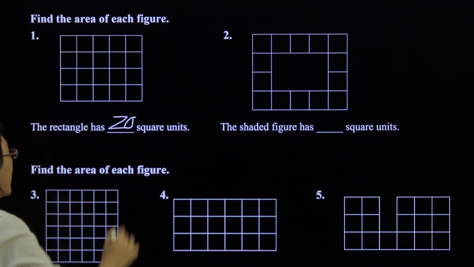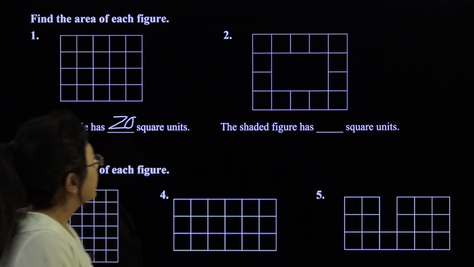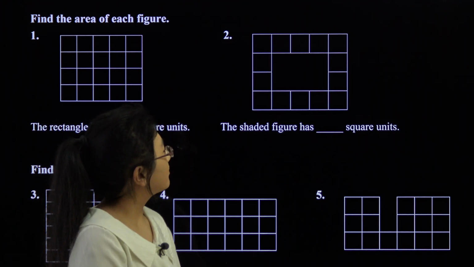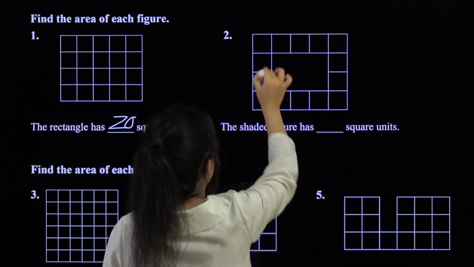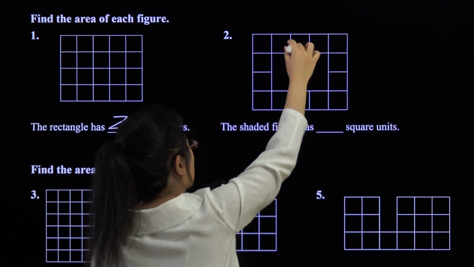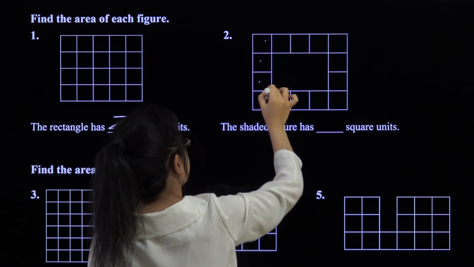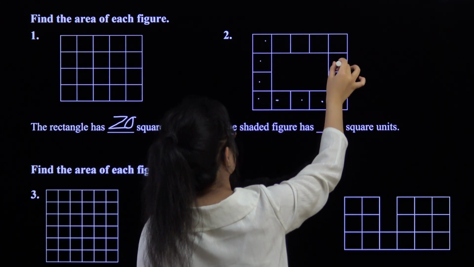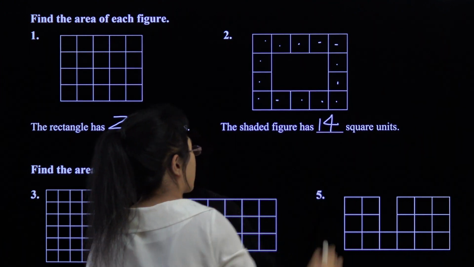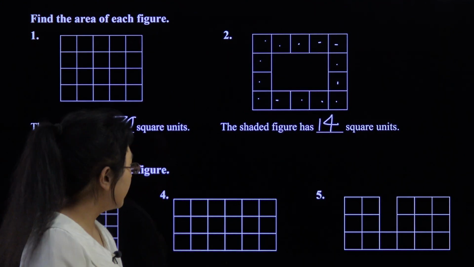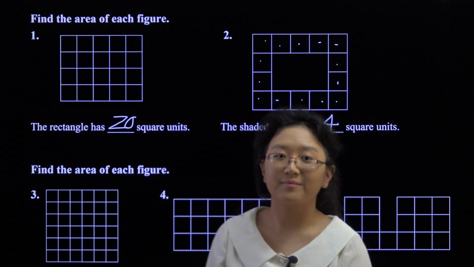The rectangle has 20 square units. The shaded figure has blah square units. Well, you see, the squares are shaded. And there's this hole in the middle. So 1, 2, 3, 4, 5, 6, 7, 8, 9, 10, 11, 12, 13, 14. 14 square units. Simple, right? It's just counting.